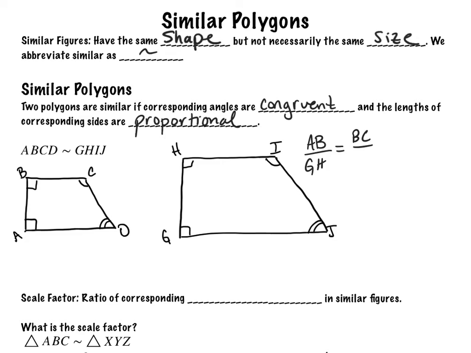So BC over HI, CD over IJ, and AD over GJ. So all of those side lengths, if I divide them, are going to have the same scale factor. They're going to be proportional.